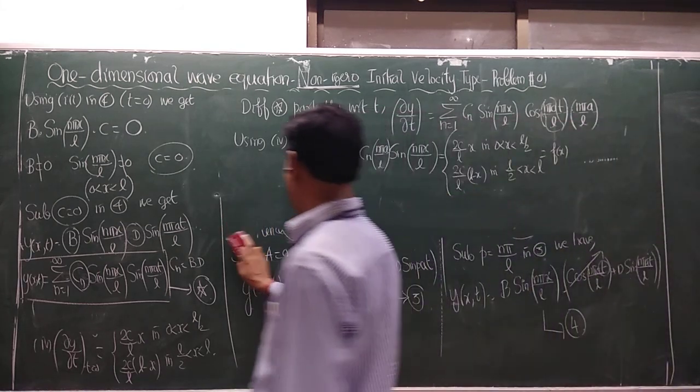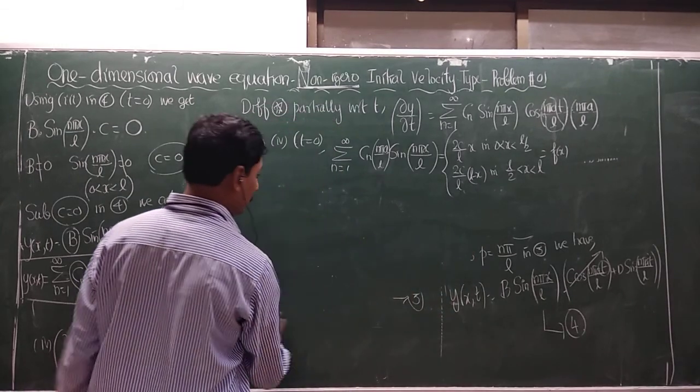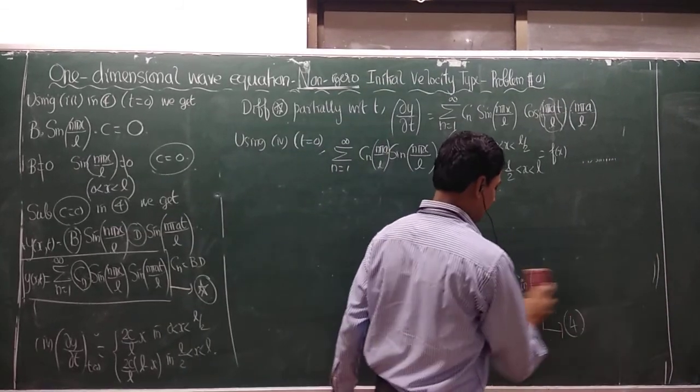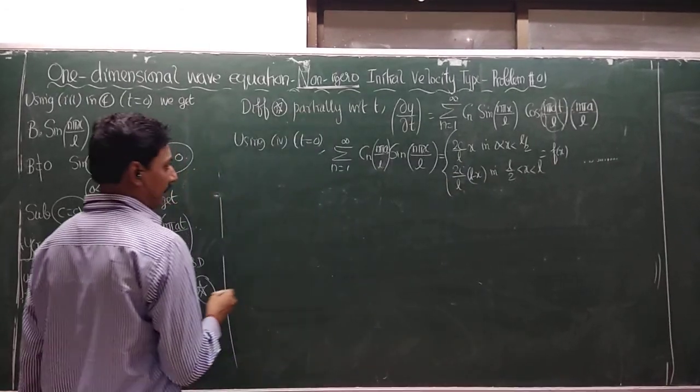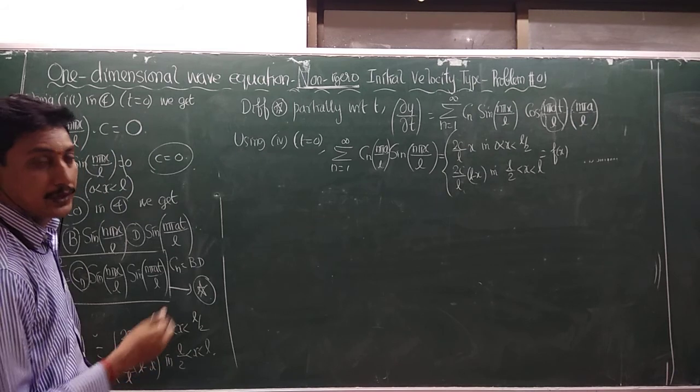Now how to get the Cn? I have seen that the left hand side looks like the half-range sine series. So can we express f of x as a half-range sine series? We may get the required Cn.